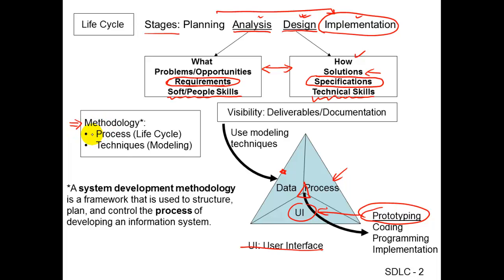So the two parts of the methodology, not a lot of people actually understand this clearly. One is the process, like what stages you're going to go through. That's the life cycle concept. The second part is the modeling technique, which means when you design database, are you using normalization? Are you using ER modeling, entity relationship modeling?